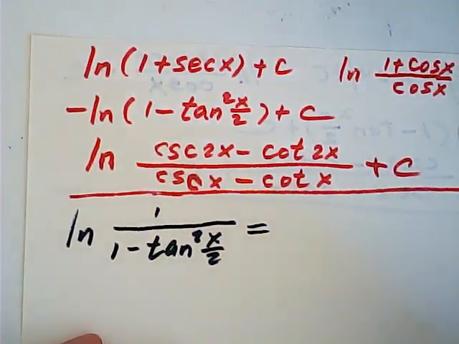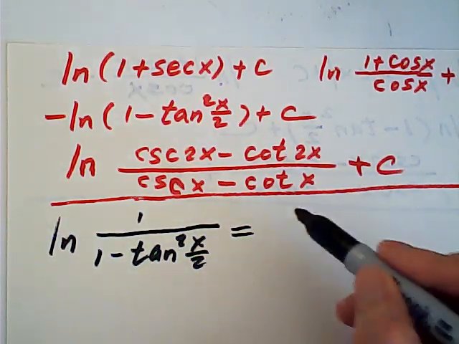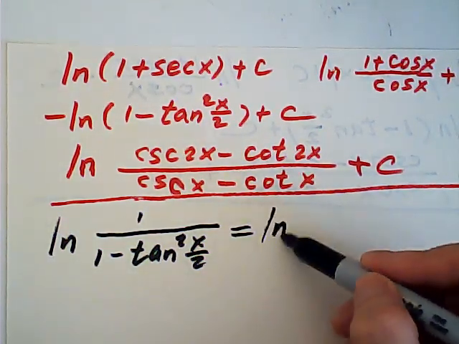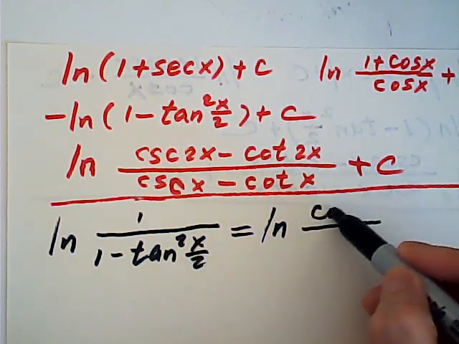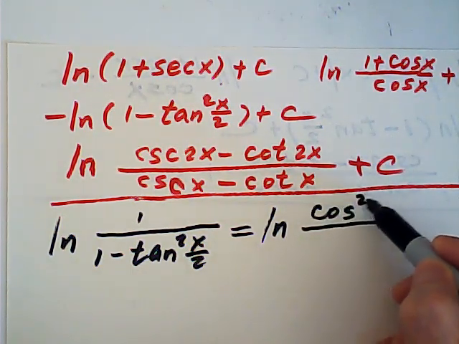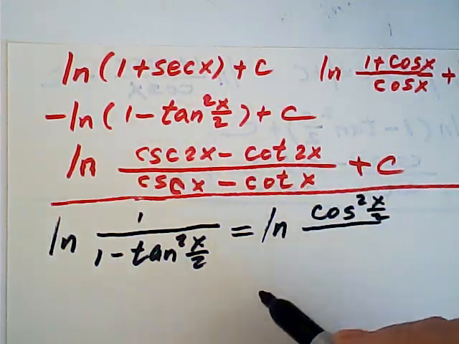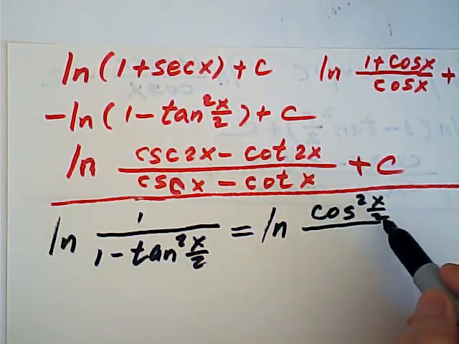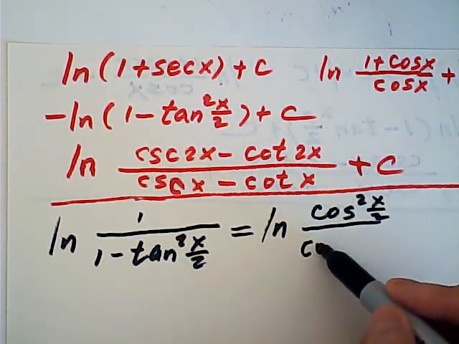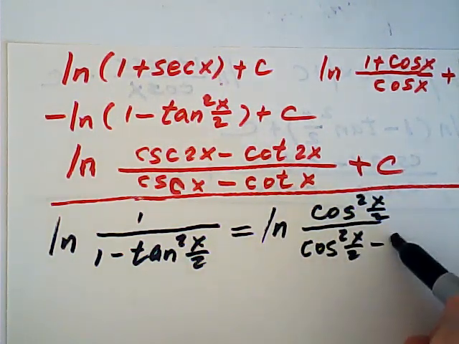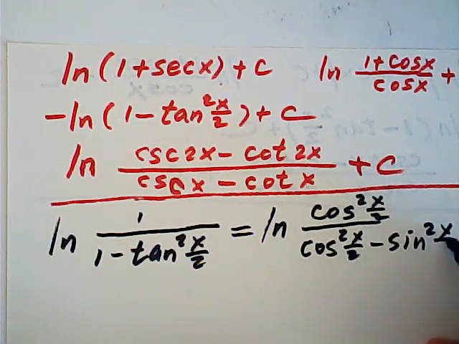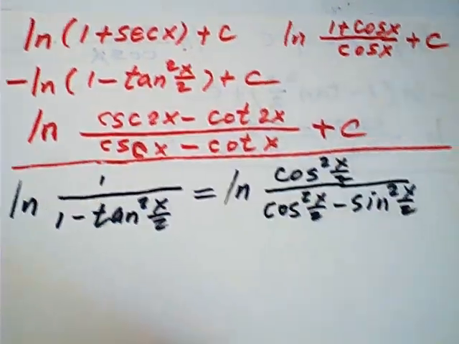And this one is equal to, I multiply by cosine square of half of x. So this is cosine square half of x minus sine square half of x, right?